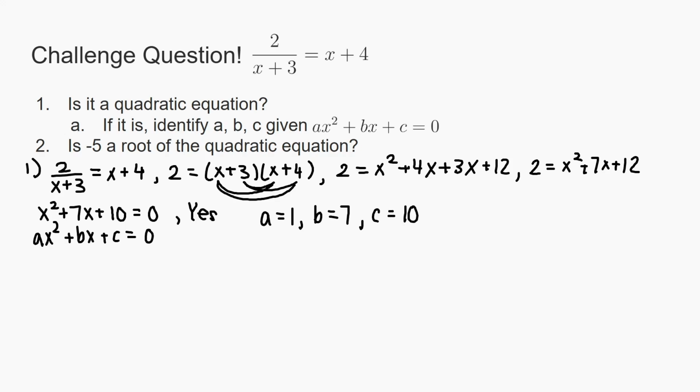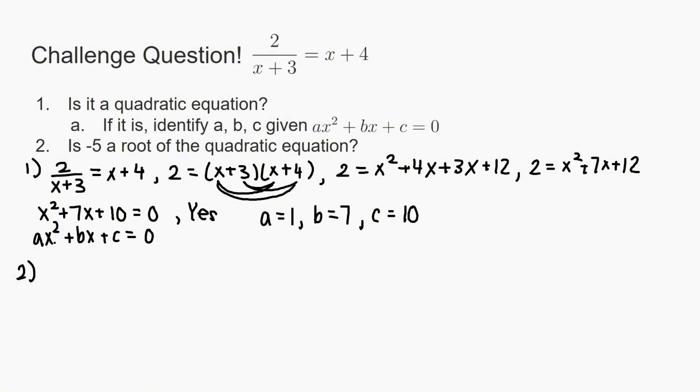Now, let's check whether negative 5 is a root of the quadratic equation. To test whether negative 5 is a root, we plug in negative 5 for x. There's 2 ways we can check. We have 2 over x plus 3 equals x plus 4 as our equation. X squared plus 7x plus 10 is also the same equation, just rewritten. We can plug in -5 to either or both and get our answer. Let's do both.